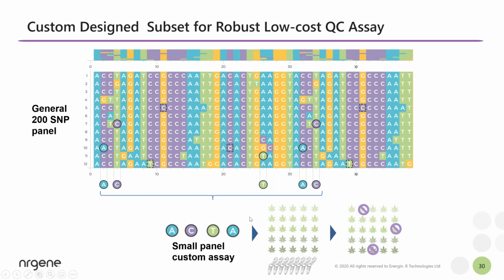We can increase and shrink the size of the panel. We can have a larger panel for higher resolution, but you could also choose a subset to have an in-house assay for very, very simple purposes. What if you analyze your entire germplasm and found out that 200 points give you a crude assessment, and that's very good, but in order to really distinguish between the two lines you're producing, you only need 4 data points.